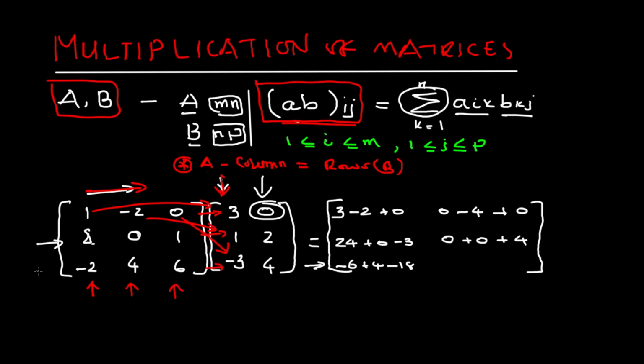Then again, back to our row here, but changing columns. So we have 0. And then we have 8. Okay, so I'm saying 2 times this one here. And then 4 will have to come here, which is 8. And then 6 will have to multiply with this one, which is plus 24.